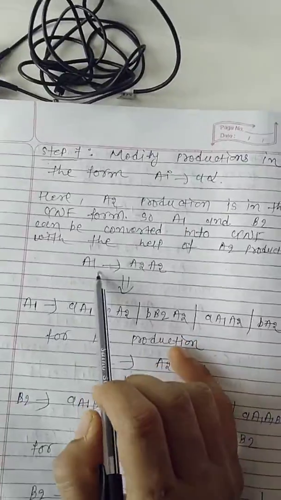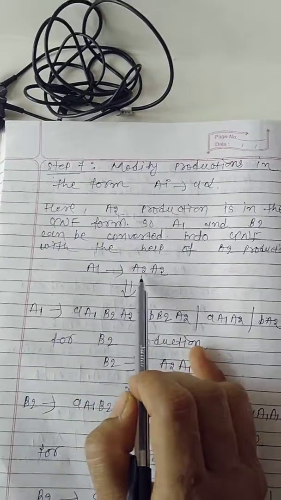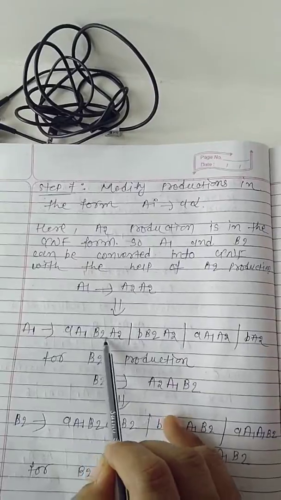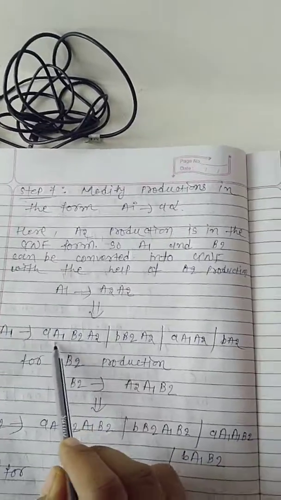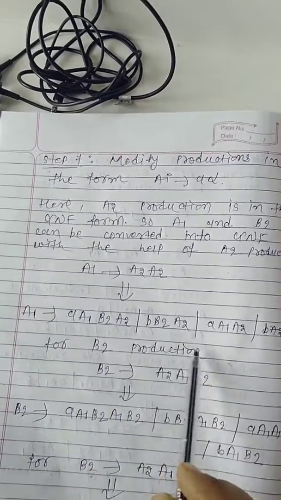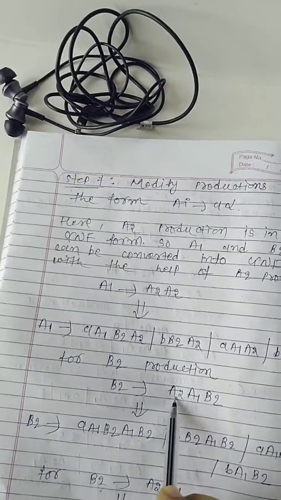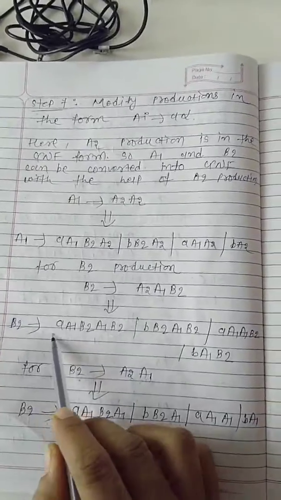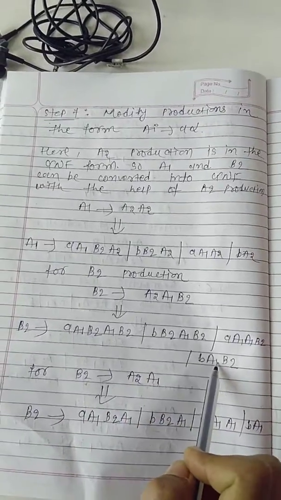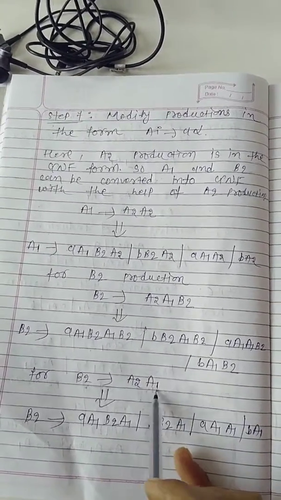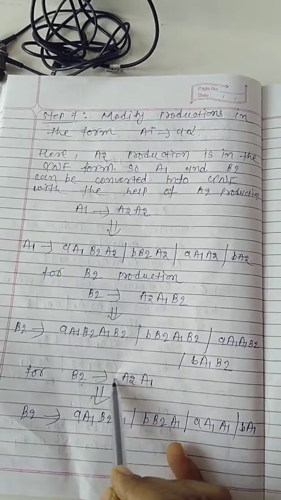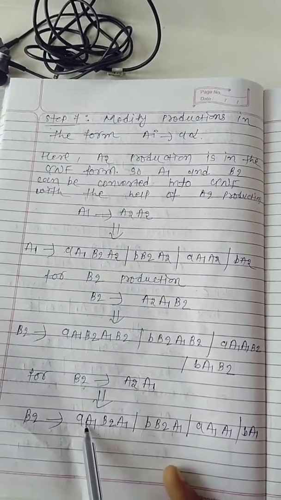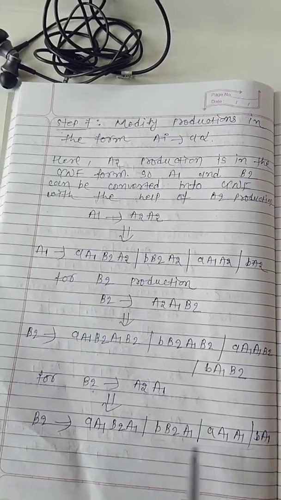Over here we have put the value of A2 in these productions, and after putting these values we will receive this grammar. Same way for the B2 productions, put the value of A2 from the A2 productions in the B2 productions, so we will get the GNF form.